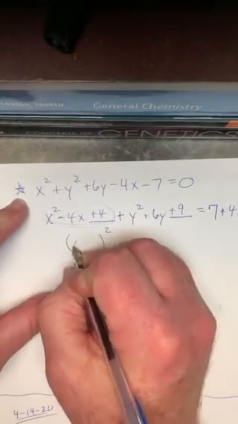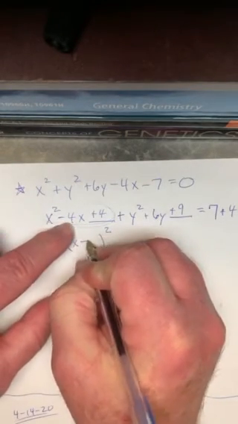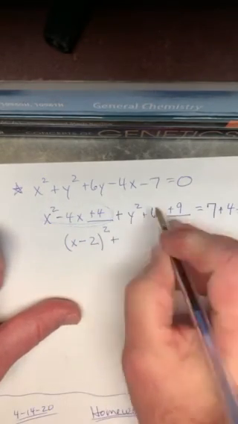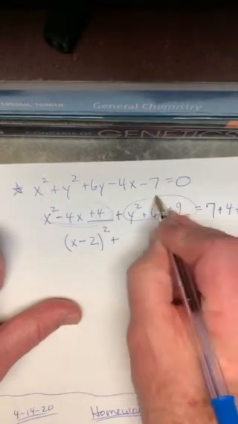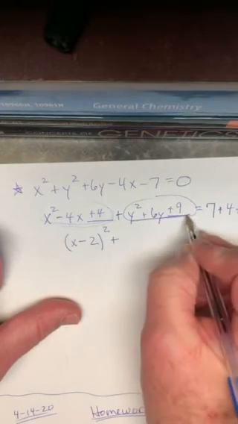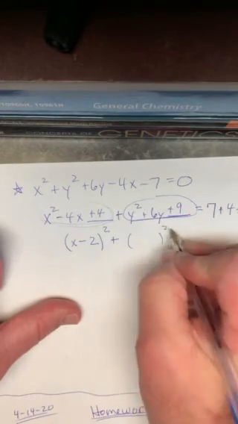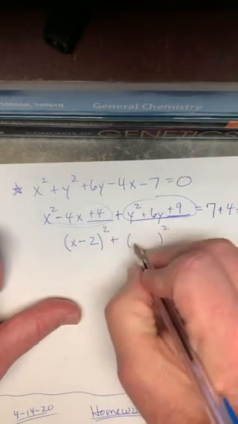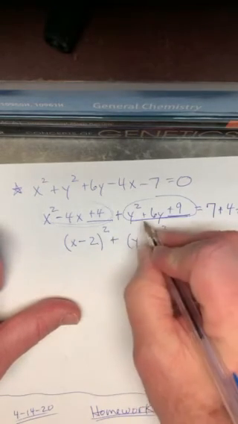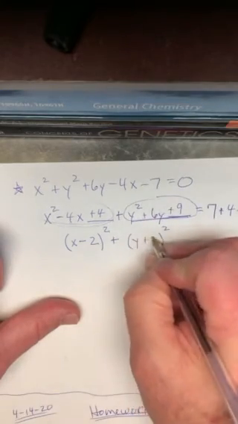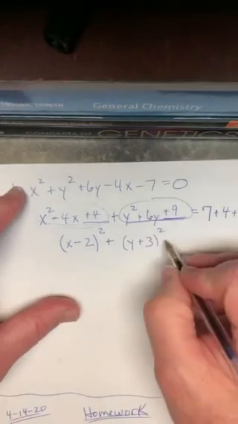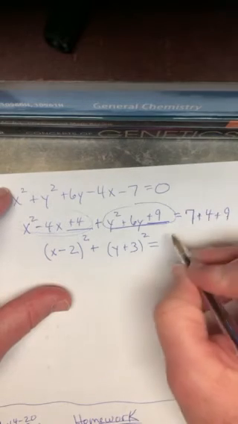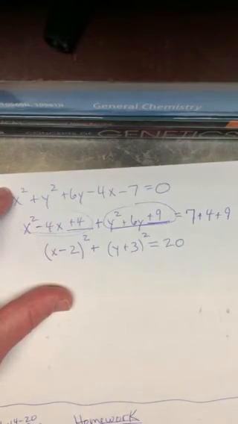So this is going to be x minus what? 2 squared plus, and then take this perfect square trinomial and turn him into a binomial squared. And what goes in there? Y. And then what'd you get when you cut +6 in half? +3. And on that side, you had 7 + 4 + 9, and you get 20.